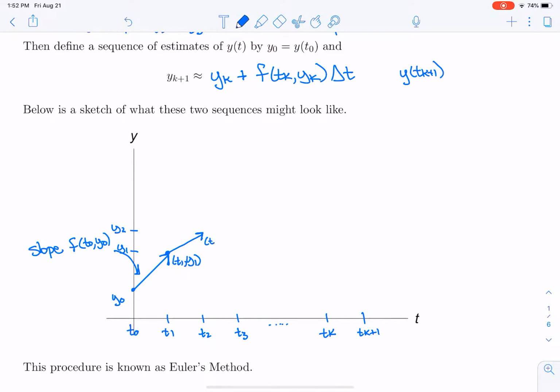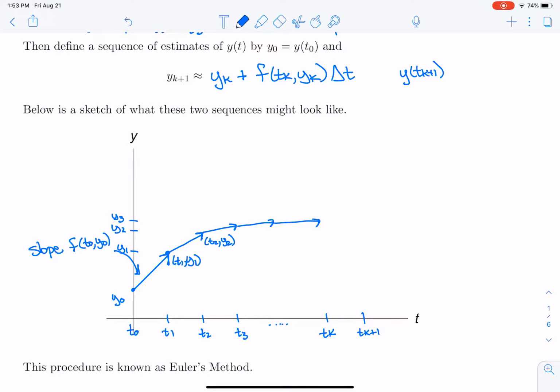So that point's going to be t2, y2. And then I would reevaluate the slope. And I would follow that slope for another delta t. And that would get me to the next point, say y3. And then I would continue this process of just reevaluating the slope until I get to the last point. This procedure is known as Euler's method.